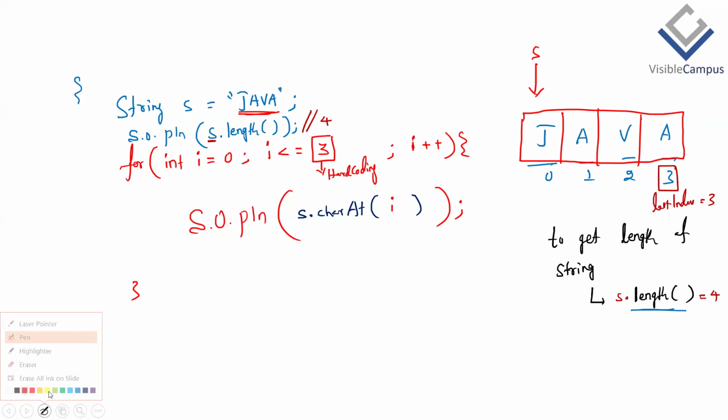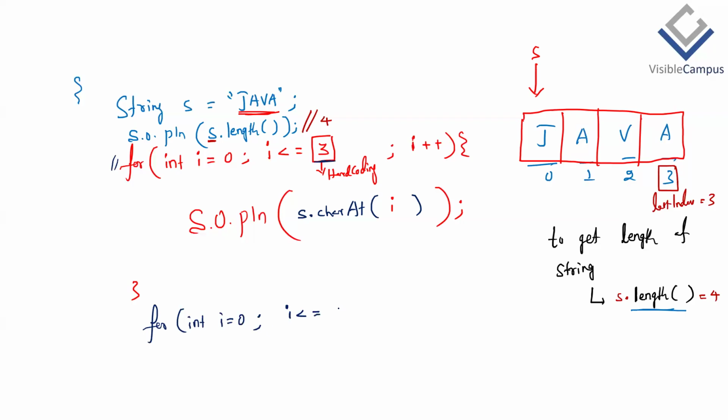So that is why I am rewriting the loop. For this same for loop, to make it generic, we have to go for int i equals 0. Instead of writing 3 as hard coding, we write i should be less than or equal to the string object, like array name dot length for arrays. Similarly, string object name dot length method, and this is giving 4, but our last index is always 1 less than the length.